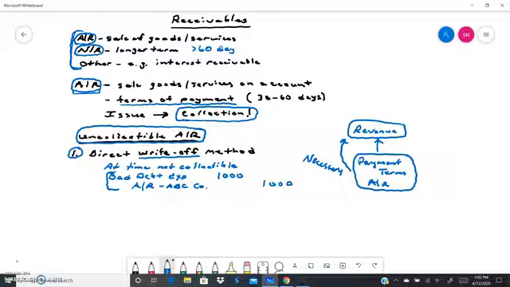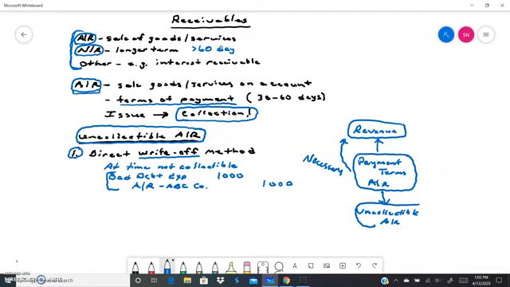The problem with the payment terms is that not everyone is going to pay. So we're going to have some uncollectible accounts receivable that result from offering terms.